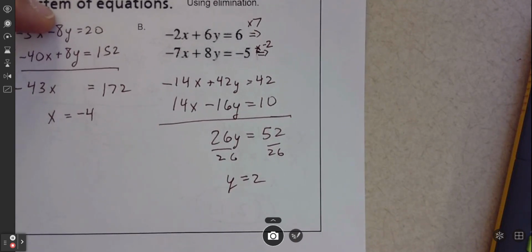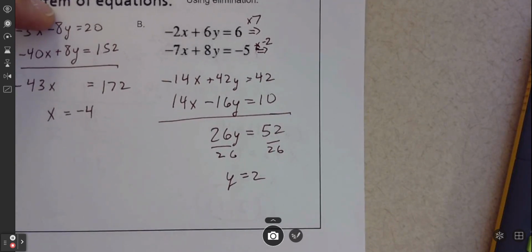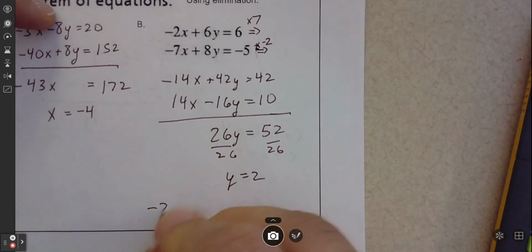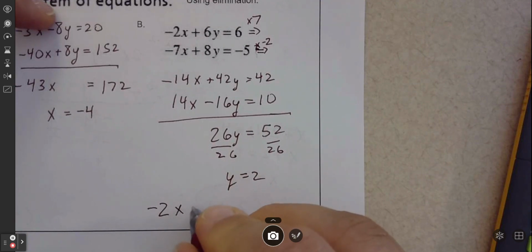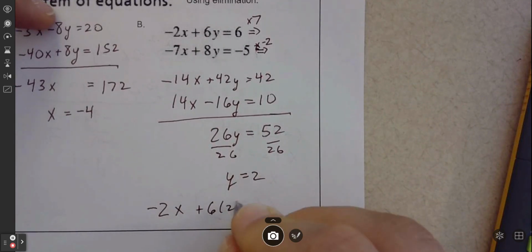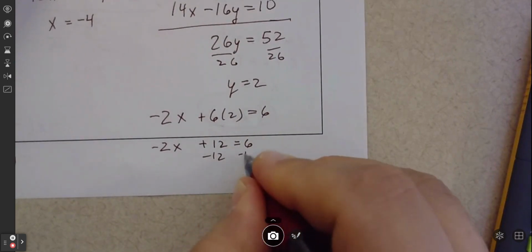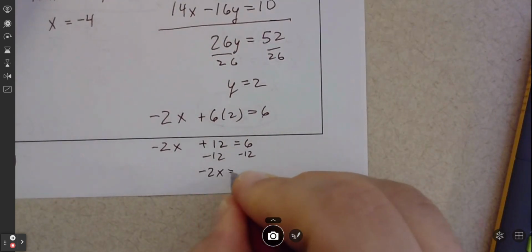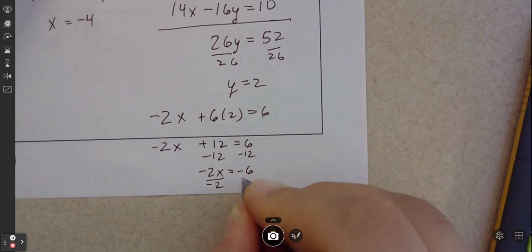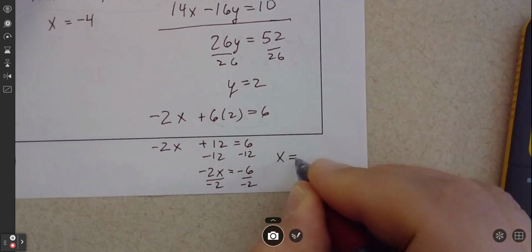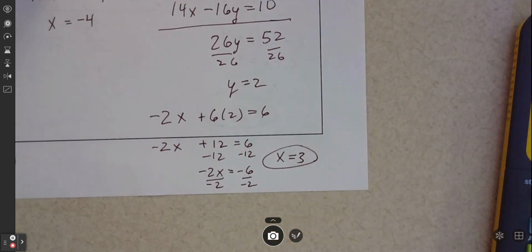First, second, third, or fourth? First. I heard more firsters. Negative 2x plus 6 times 2 equals 6. Negative 2x plus 12 equals 6. x equals 3.